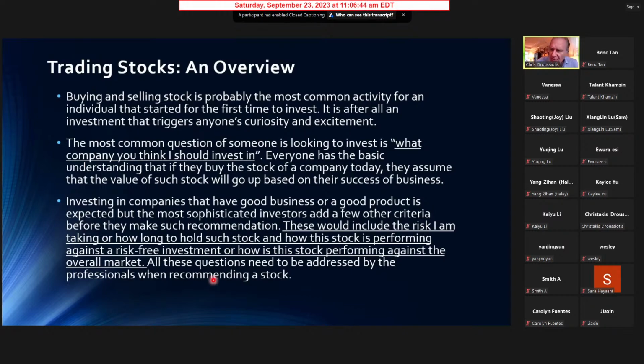There are a lot of things going on in the analysis over and above what the company does. All these questions need to get addressed, and hopefully I can give you a nice overview today of how the stock market works and how experts go about picking stocks. Even the experts are wrong for many reasons, because the expectation hasn't been met, for example.